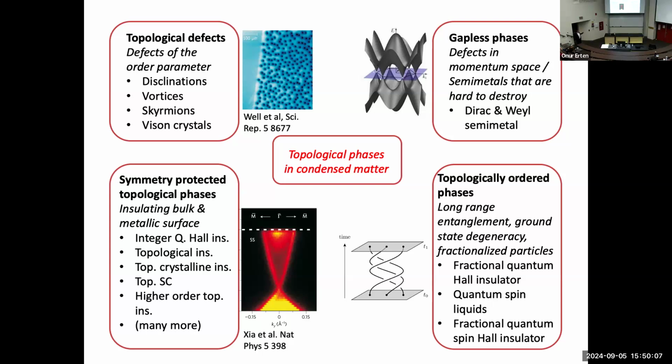Another topic that people are interested in is called symmetry-protected topological phases. These systems are insulating in the bulk, but have metallic surface states. So the example I gave about the integer quantum Hall effect is one of them. In this case, the bulk is a two-dimensional system and the surface is its edge, right? The bulk is gapped and you have chiral edge states.